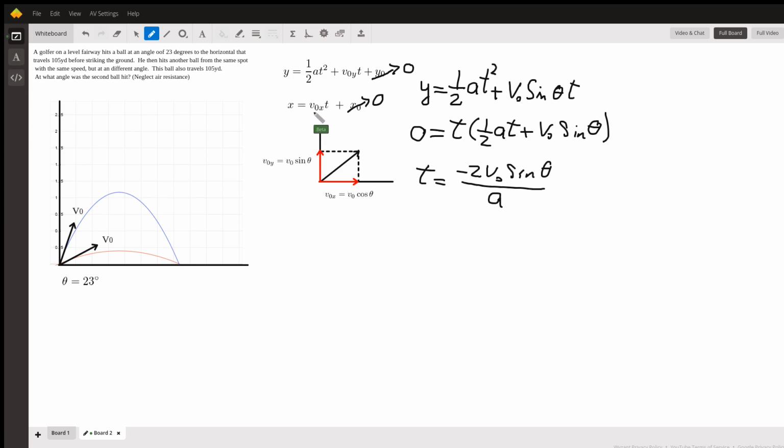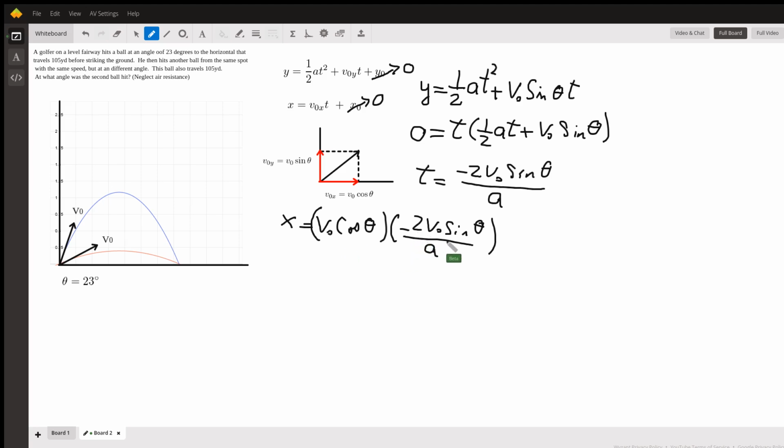And from that, we can find the horizontal distance that it travels. So x equals v naught cosine of theta times this expression for time, which is negative 2 v naught sine theta divided by a. All right, and now you see there is this trig identity here.